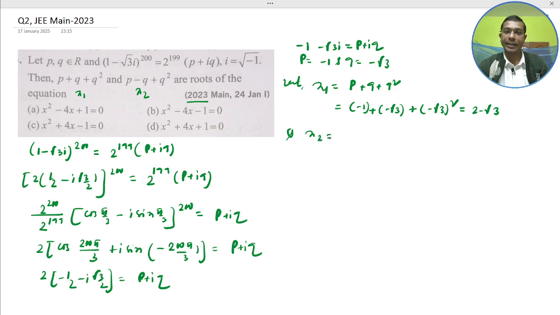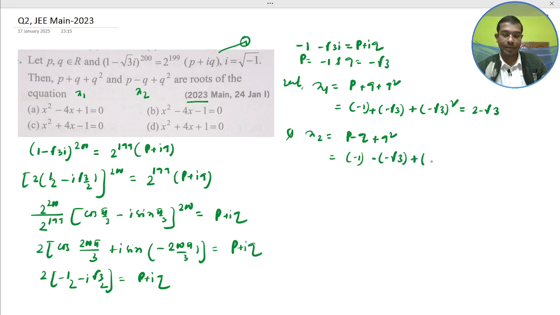And x2 would be the next one, p minus q plus q square. You just solve this equation. Just put this value: minus 1 minus (minus root 3) plus minus root 3 whole square. This would be 2 plus root 3.